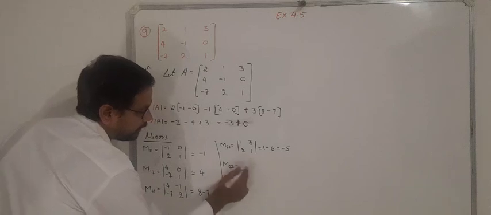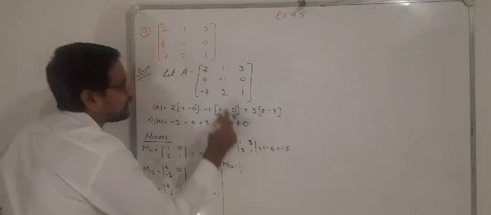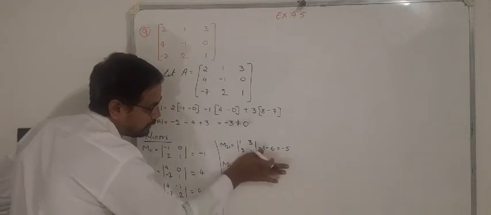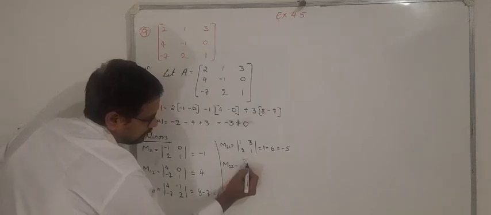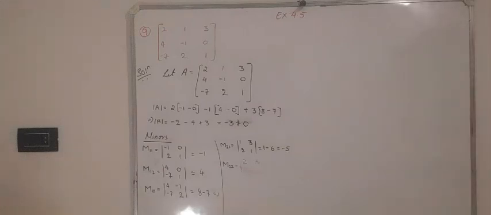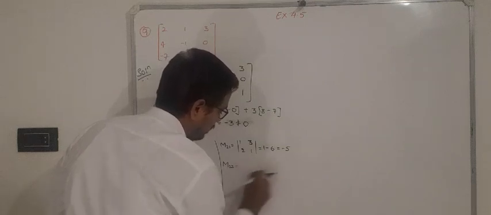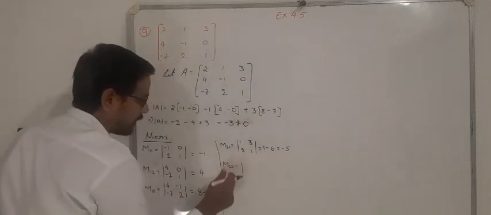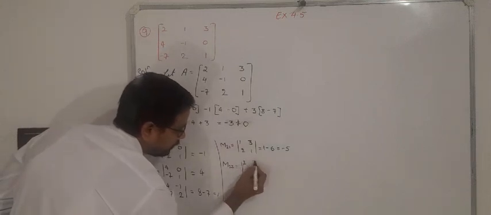M22 is the minor of A22, that is 2, 3, minus 7, 1.